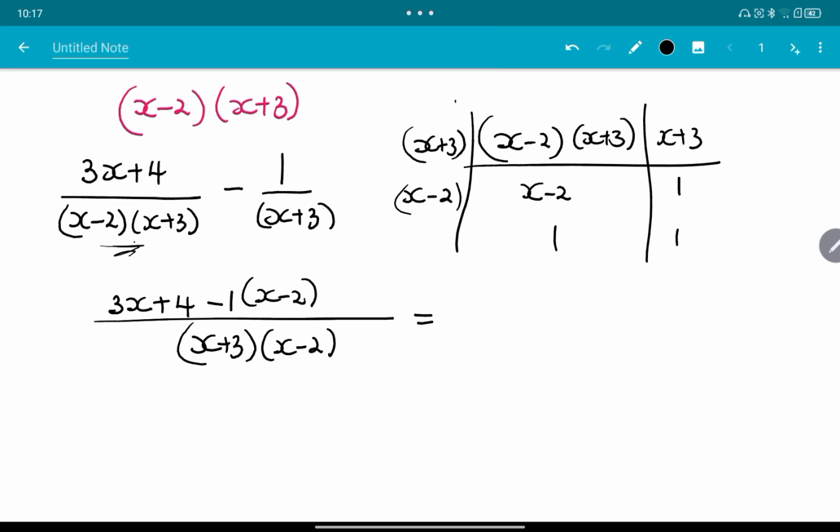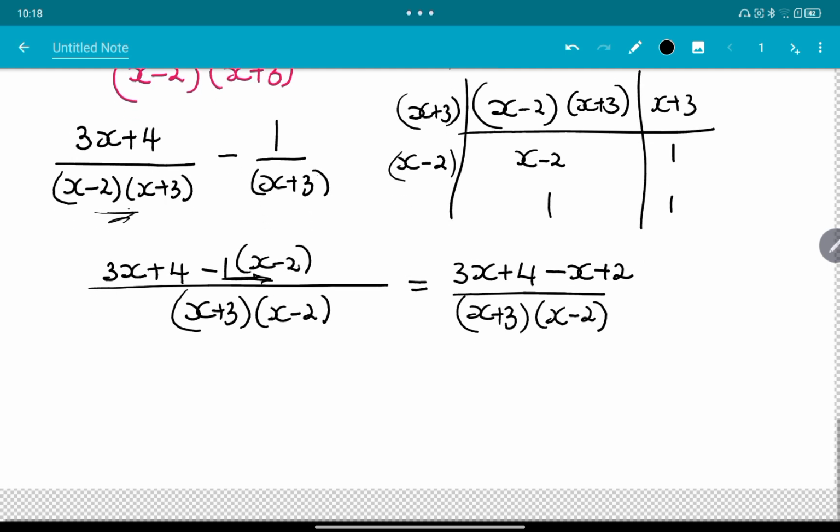Then we need to open this bracket with a negative 1. So you'll have 3x plus 4, negative 1 times x, that is negative x, negative 1 times negative 2, we get positive 2, all over x plus 3, x minus 2.